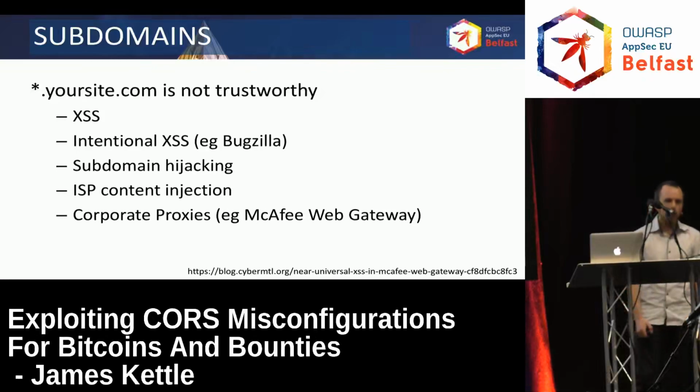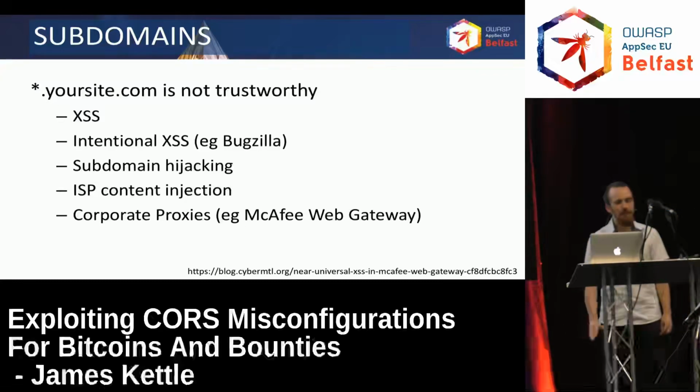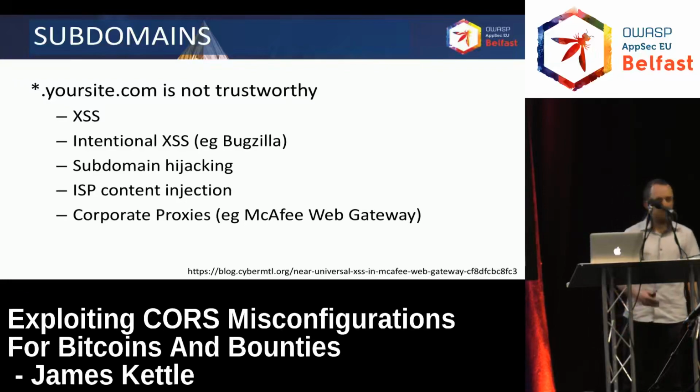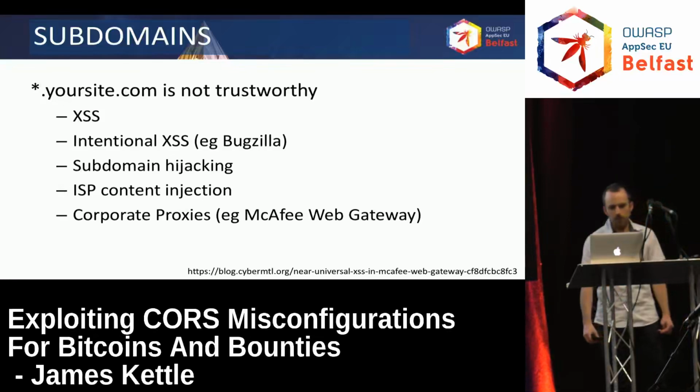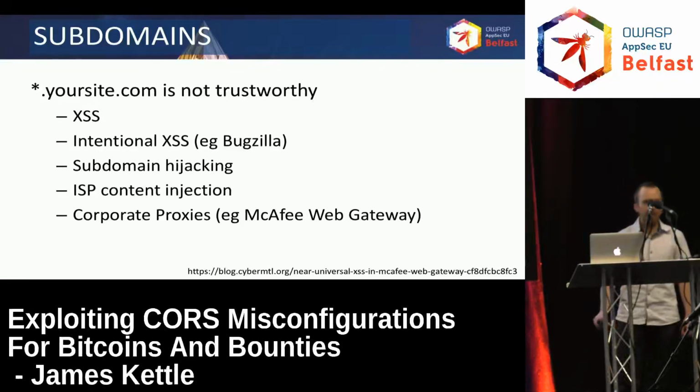Also, if you've got hanging CNAMEs and the like, someone might hijack a subdomain, third parties, all that stuff. Even if all your infrastructure is completely secure and there's not one XSS vulnerability in it or any of the third parties you're using anywhere, your customers', your clients' infrastructure can lead to XSS vulnerabilities in subdomains. Some unscrupulous ISPs, they detect a failed DNS lookup and they inject a fake search page, basically full of adverts to get some ad revenue.